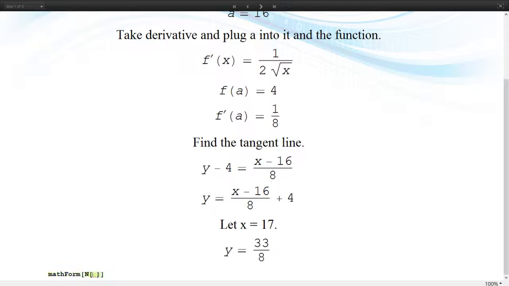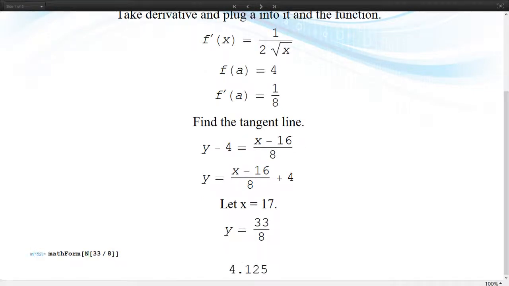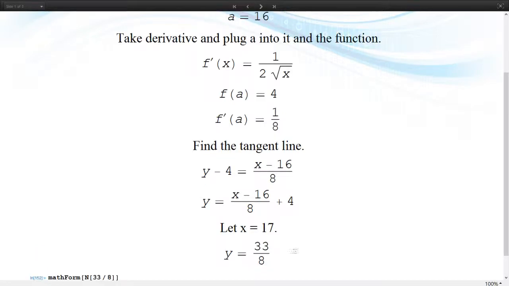I am going to find the decimal version of this, which I guess is going to be somewhere around 4.125, but I think that's it. But I don't do mental math as well anymore. Yes, 4.125. I did get it. That's great. So 4.125 is our approximation of the square root using linearization.